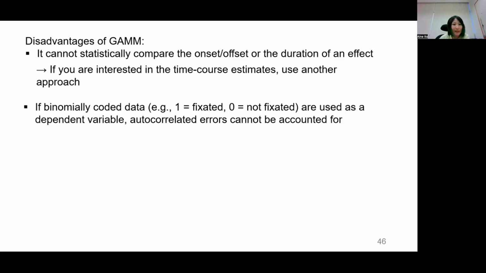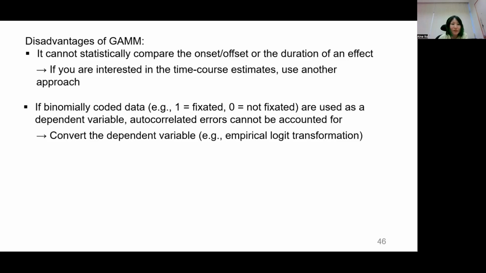And if your data are binomially coded, for example, I code 1 if the object is fixated and 0 if the object is not fixated, right? If you have such binomially coded data, you can't account for the autocorrelated errors. So the model can't take the autocorrelated errors into account. The solution for that is to convert the dependent variable to a non-binomial format.